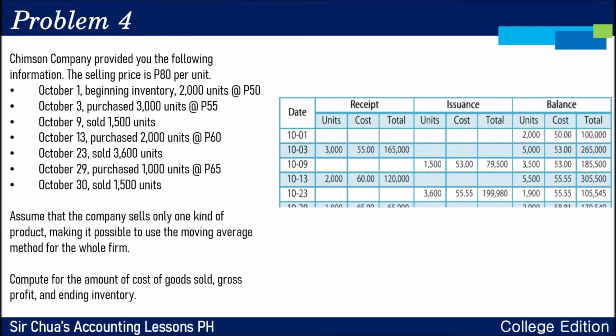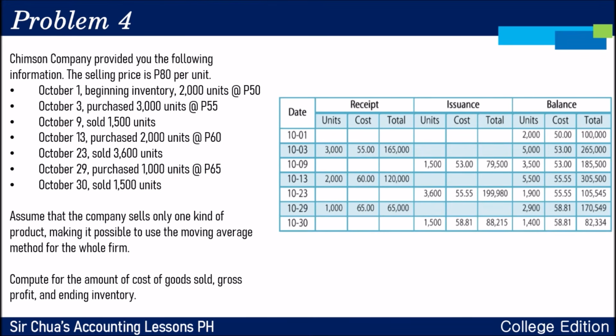Okay? And then, same procedure for October 29 transaction. Add this, 170,549 divided by 2,900, 58.81. Kasi nagkaroon tayo ng bagong average cost kasi nag-purchase na naman tayo.